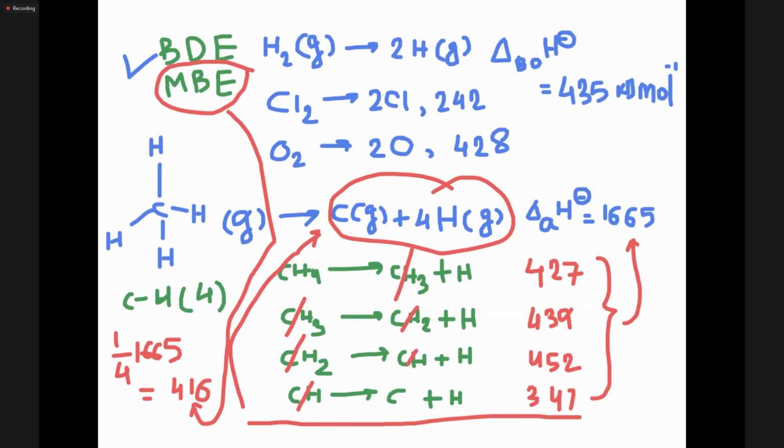It has been found that the mean C-H bond enthalpy differs slightly from compound to compound. So what will happen for the mean C-H bond enthalpy in case of CH3CH2Cl, that is ethyl chloride? Or if we take up the example of CH3CN, but the values do not differ a great deal.